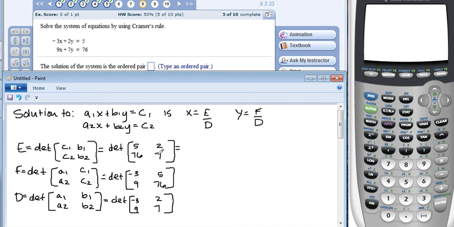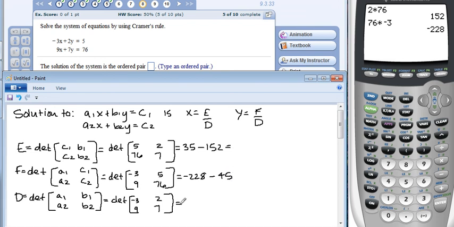So we're multiplying here. 5 times 7 minus 2 times 76. 2 times 76 is 152. Negative 3 times 76 is negative 228, minus 9 times 5.